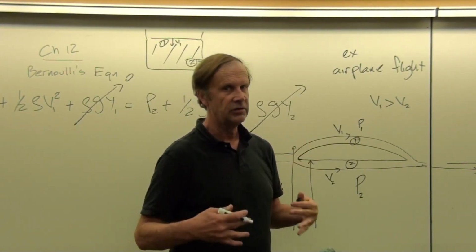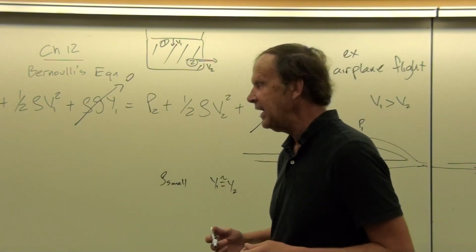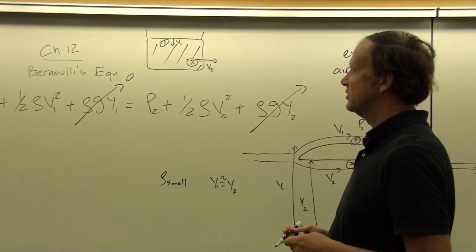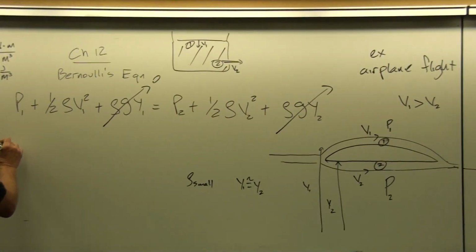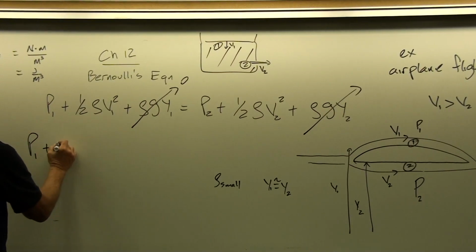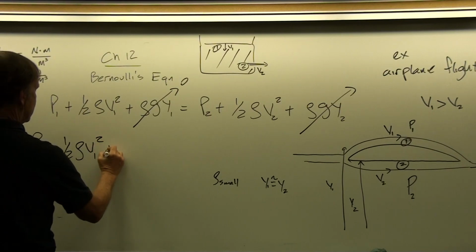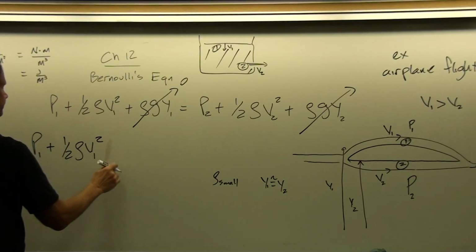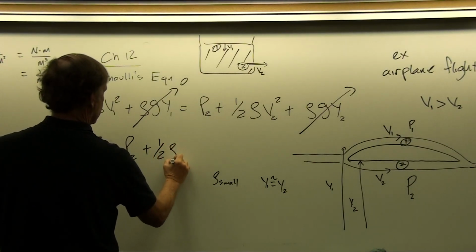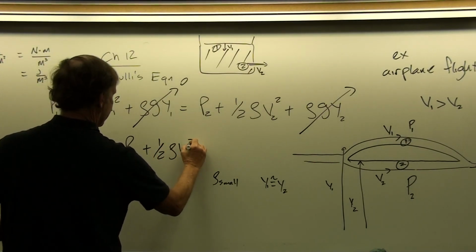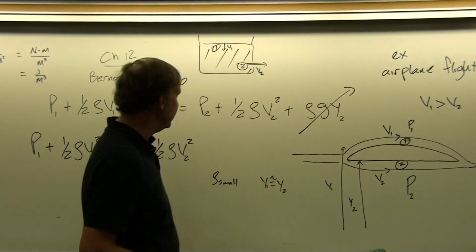So it's important that you internalize which application of Bernoulli's equation you're using. So for airflow then, we can say that P1 plus 1/2 rho V1 squared equals P2 plus 1/2 rho V2 squared. And then we can get the pressure difference between the upper and the lower wing surface.